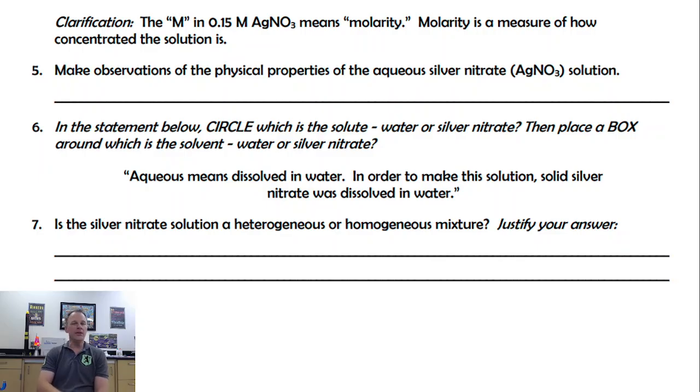So one thing we cannot say about silver nitrate solution, now that we know that silver nitrate solution is two substances, right? If we zoomed down and looked at the particles, we would see water molecules, and we would see silver ions, and we would see nitrate ions.